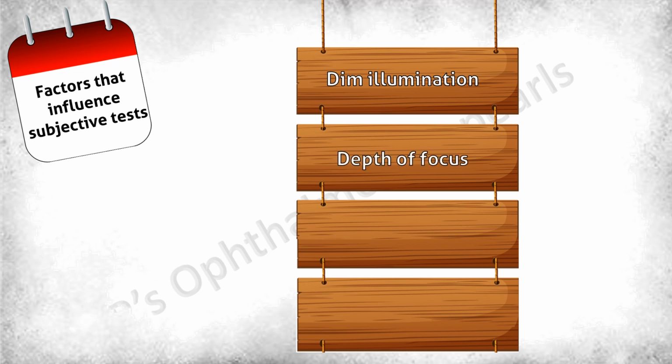An increased depth of focus can give a false high value for the amplitude of accommodation. The depth of focus is influenced by luminance of target, contrast, pupil size. The pupillary miosis of near vision can increase the depth of focus. That often explains why the push-up method gives larger amplitudes of accommodation.